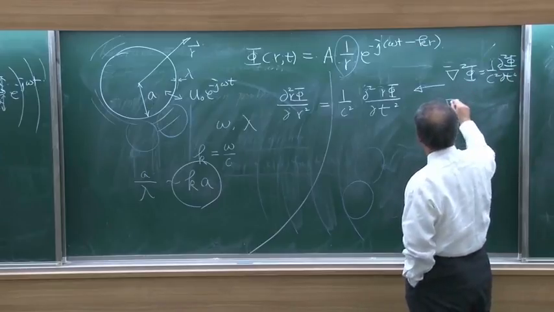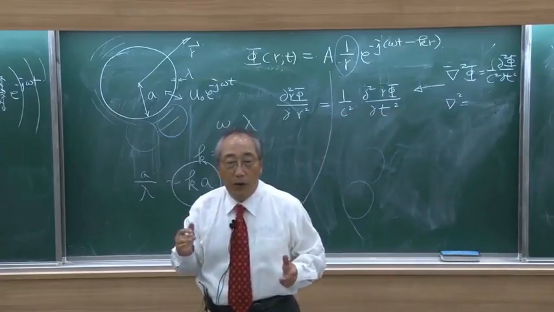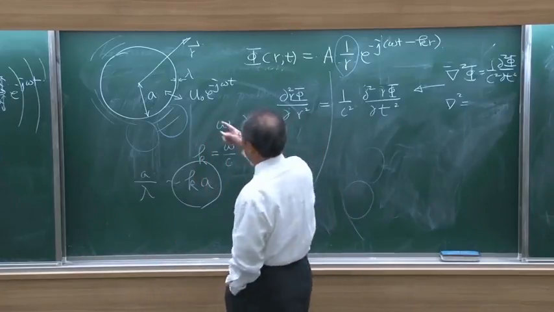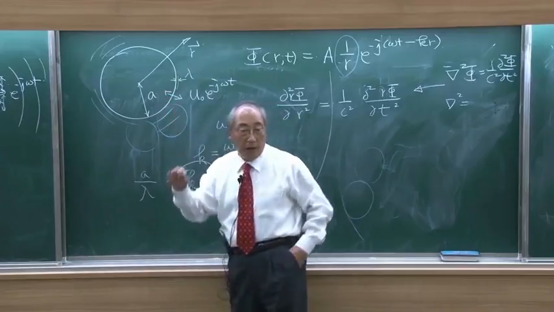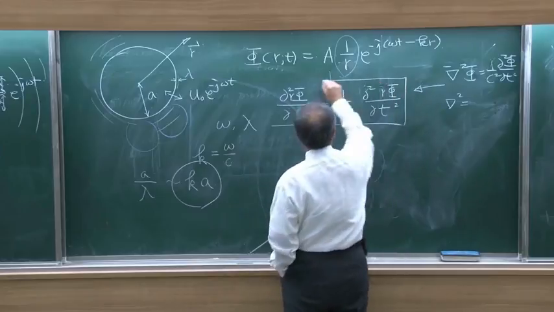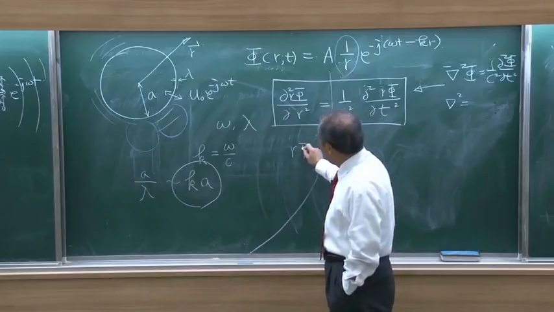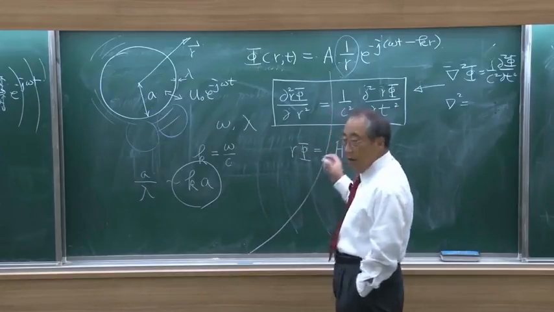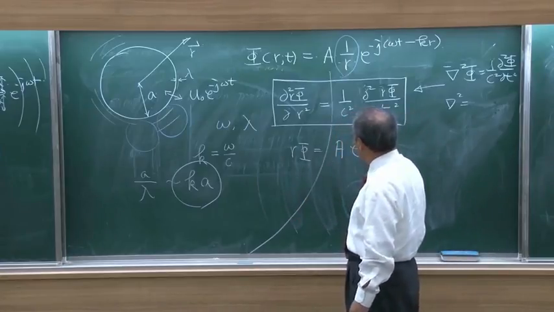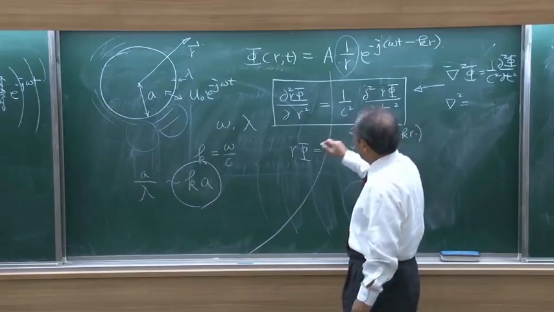This Laplacian has a very complicated form in terms of theta, phi, and r. We do know that there's no dependency with respect to theta and phi, so we come up with this governing equation. This is interesting because it means r phi is a plane wave, so I can write it as A times exponential minus j omega t minus kr. Therefore, I can write this.